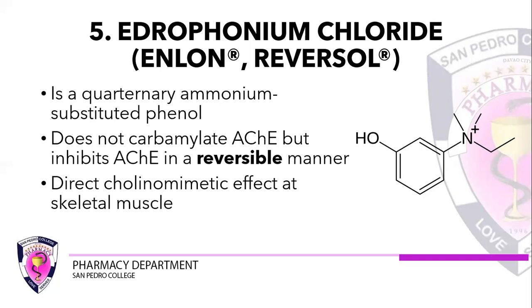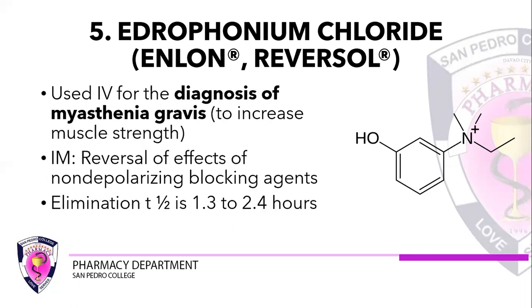Kung ang neostigmine and pyridostigmine are used in the treatment of myasthenia gravis, edrophonium is used intravenously for the diagnosis of myasthenia gravis. It is also used intramuscularly for the reversal of the effects of non-depolarizing blocking agents, and the elimination half-life is 1.3 to 2.4 hours.